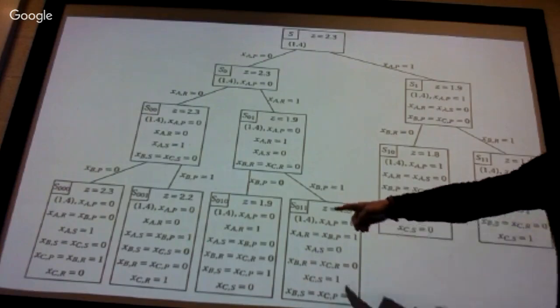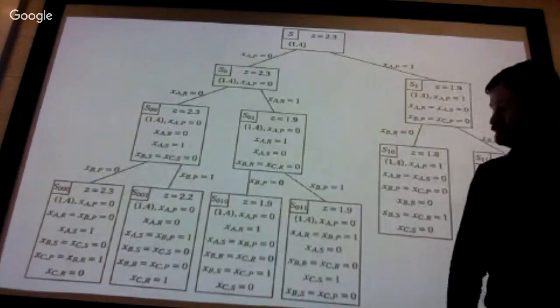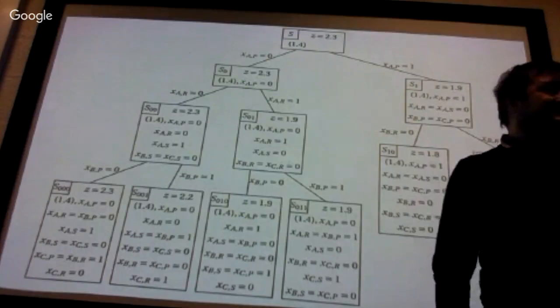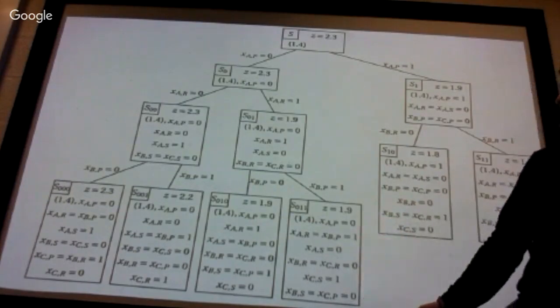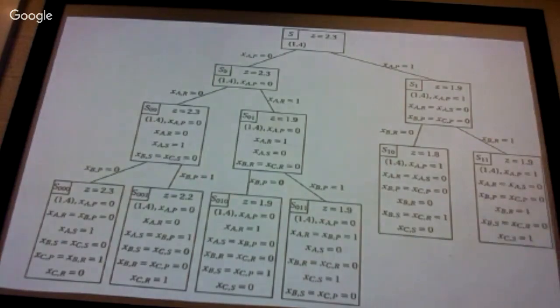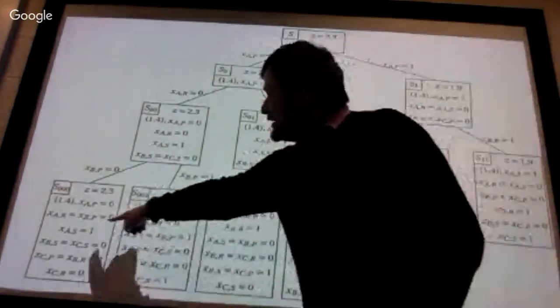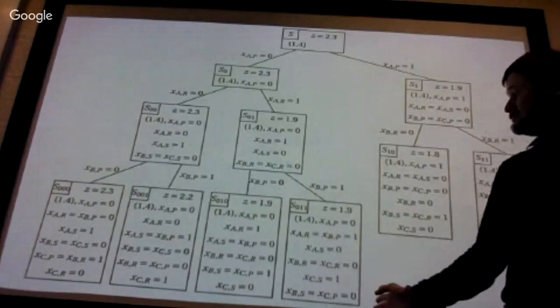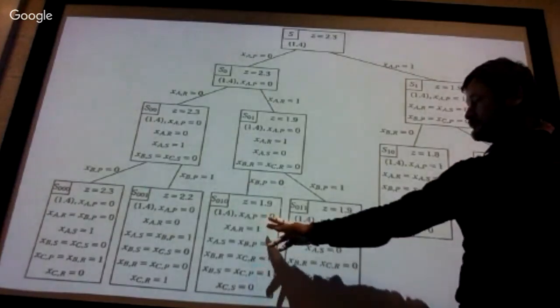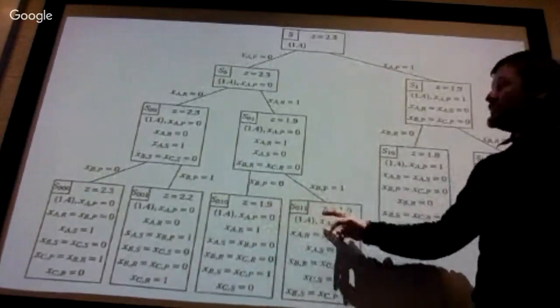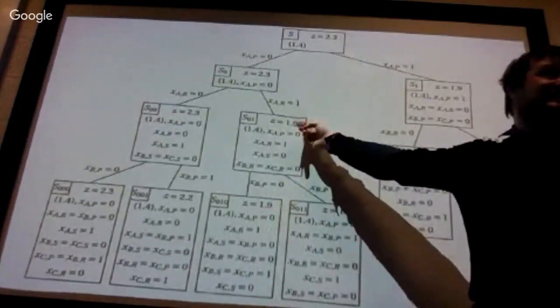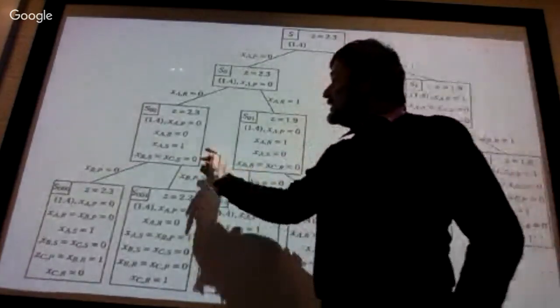This gives me 1.9, and this 0.6. And it's probably 1. So once we've got these solutions, we can see that, well, here it doesn't matter. They're equally good. So the optimal solution is still going to be 1.9.